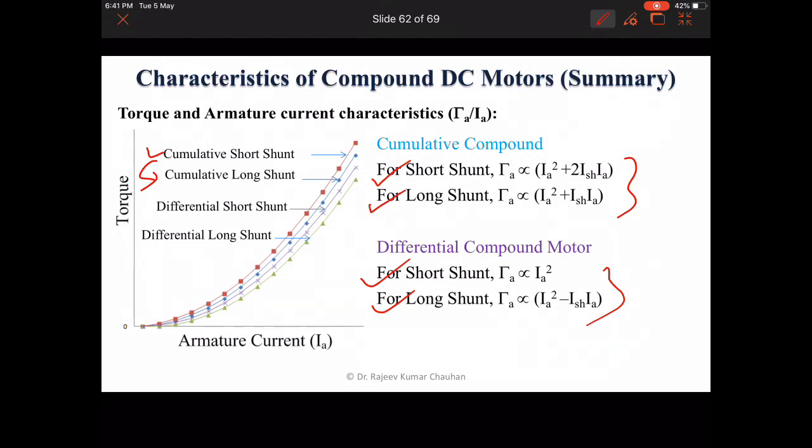Further, it keeps decreasing for the others. Okay. So, this is the summary of the torque and armature current characteristics for all the 4 motors.